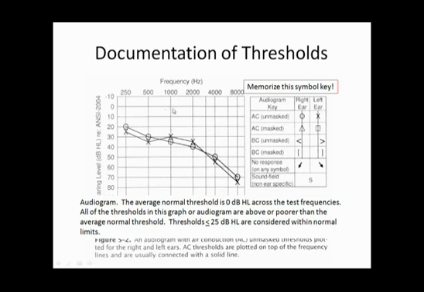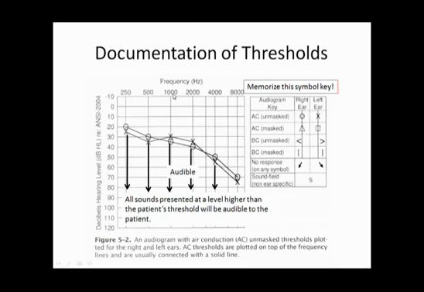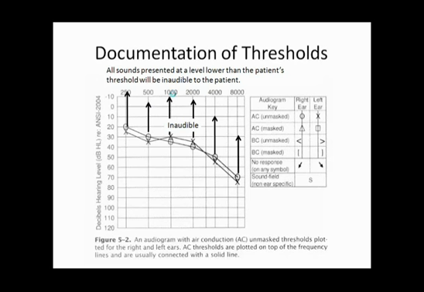So this is actually the average threshold for normal hearing, but we have a range also that we're going to consider within normal limits. So it's 25 or lower. And anything above the level of the threshold is audible by definition, and anything below the level of the threshold is inaudible to the patient, if the pure tone thresholds are real, if the patient wasn't malingering.